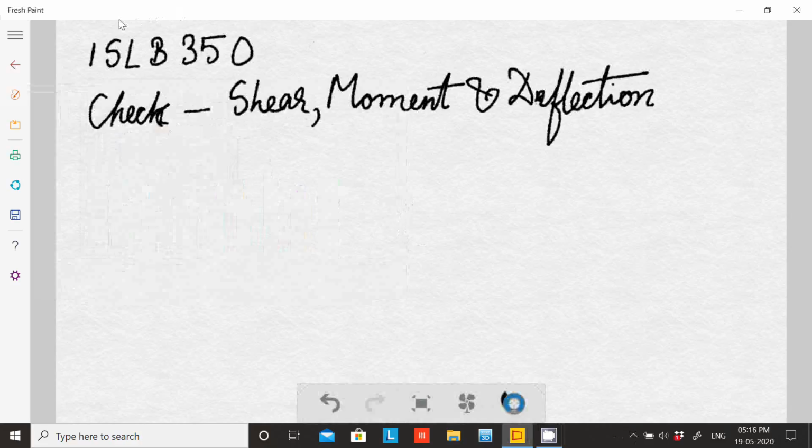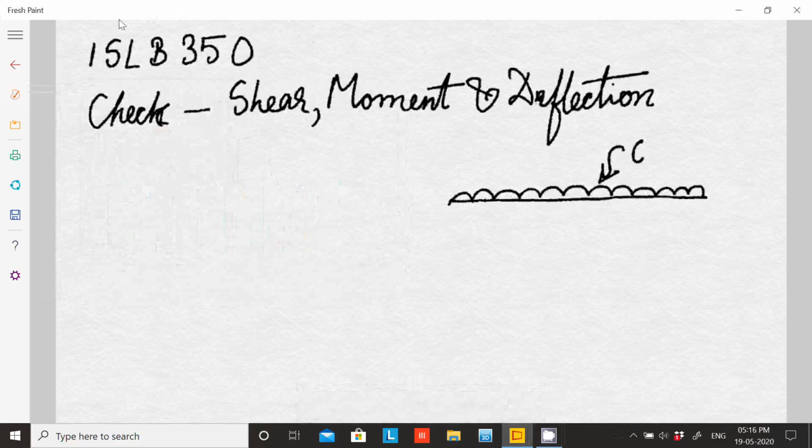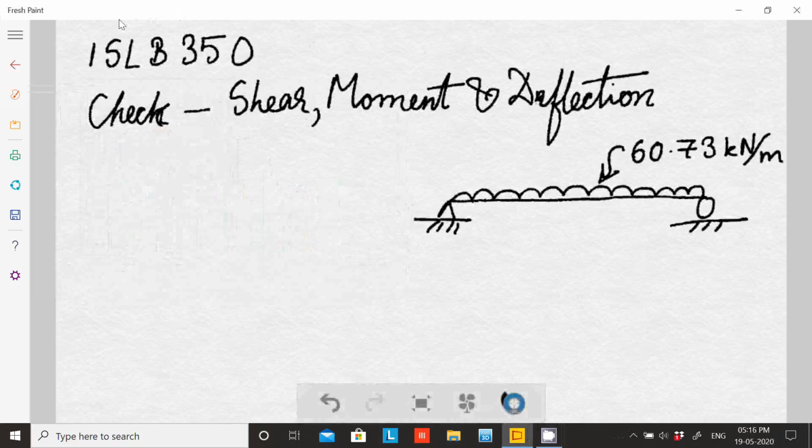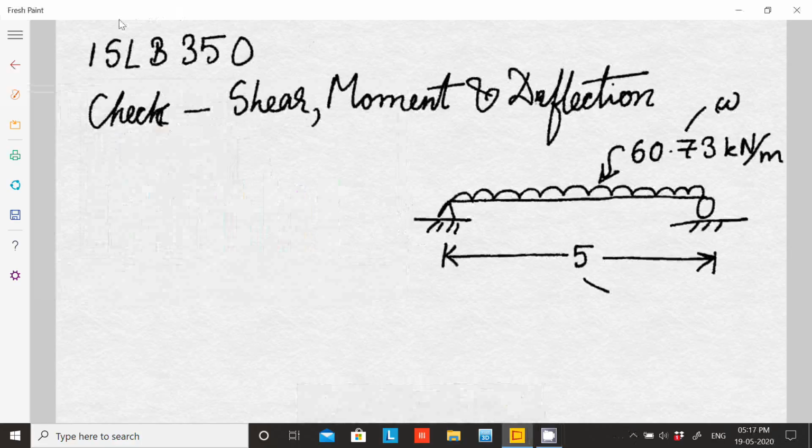So for shear, if we draw the beam, the load was 60.73. So if this is W and this is L, the shear force will be WL by 2.